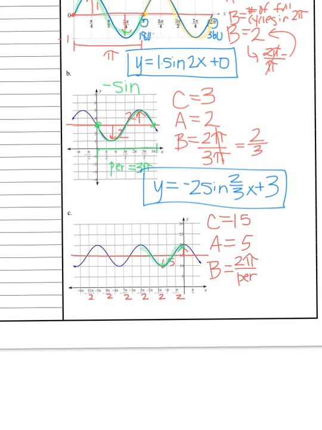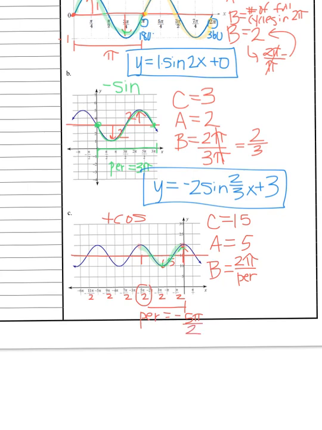If it starts above the midline and ends above the midline, we've got a positive cosine. And one full cycle goes from here at 0 over to 5 pi over 2. So our period is equal to negative 5 pi over 2.